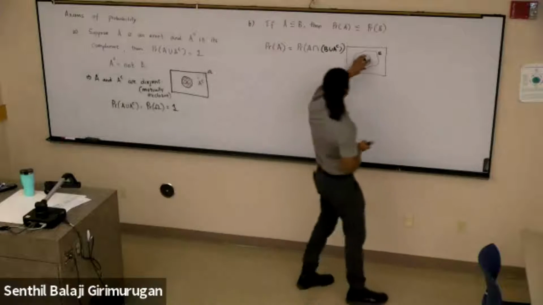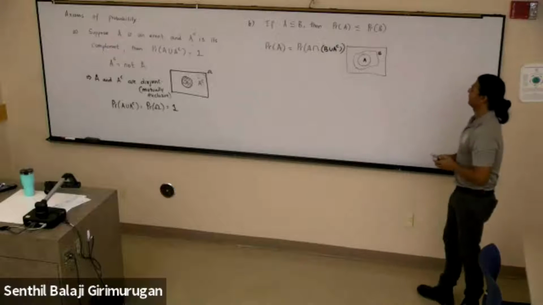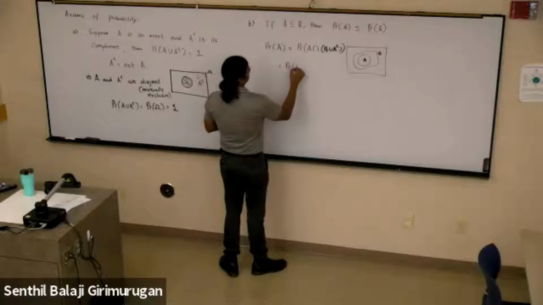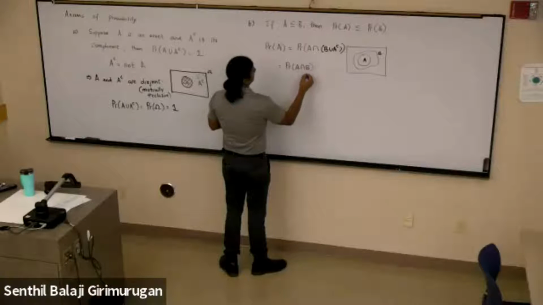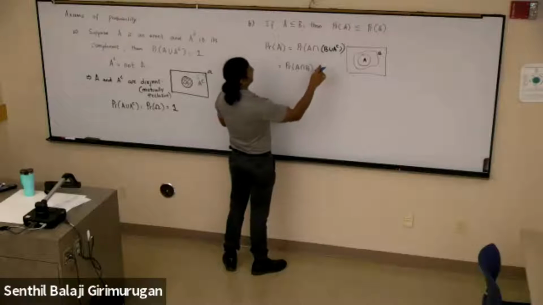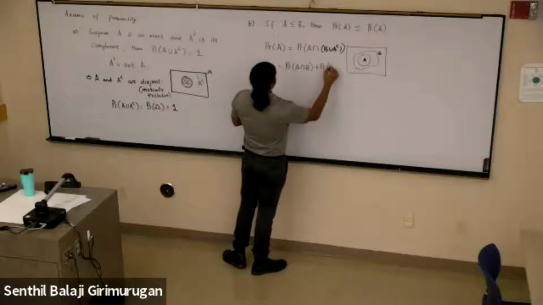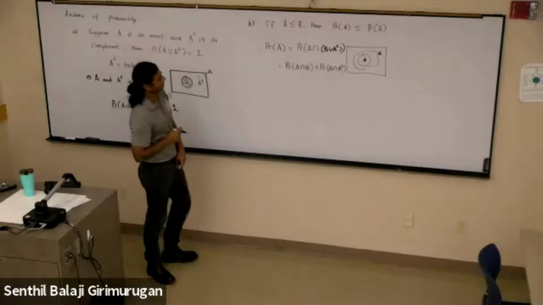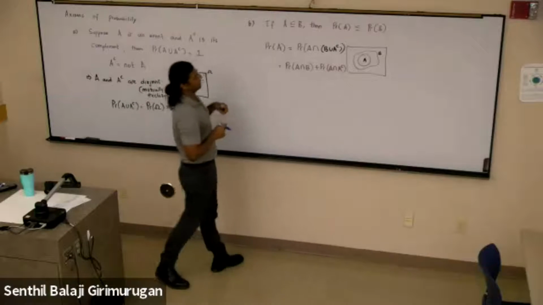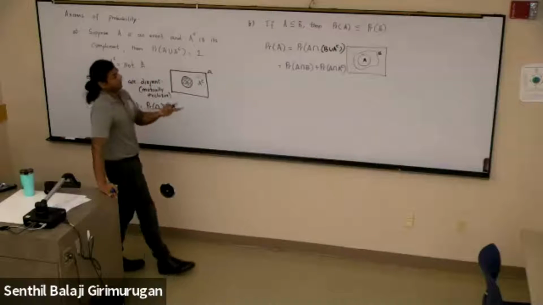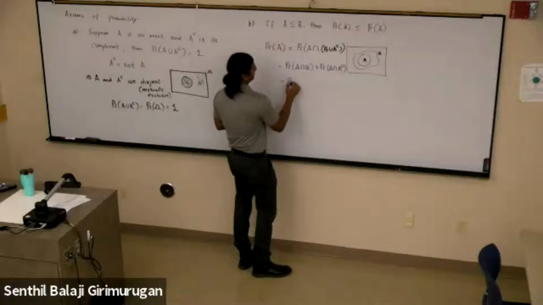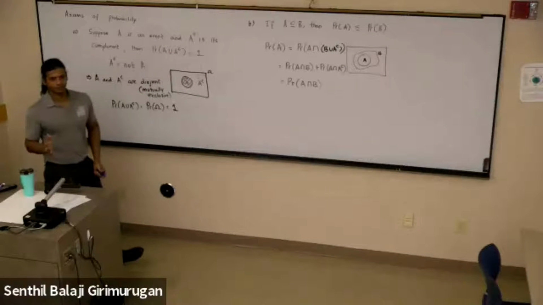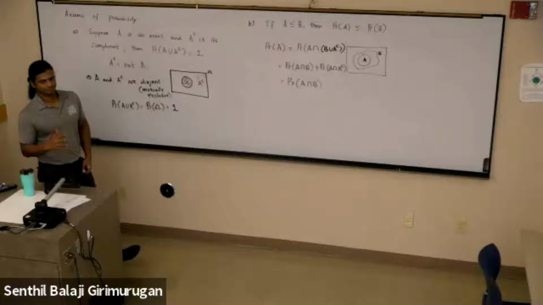So the probability of A intersect all of those. I'm just distributing, and you have the probability of A intersect A complement. What is the probability of A intersect A complement? Zero, because they can't happen at the same time. So the probability of A intersect B, in this case, will simply be equal to the probability of A.